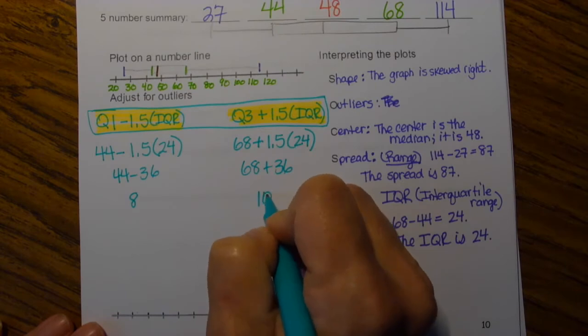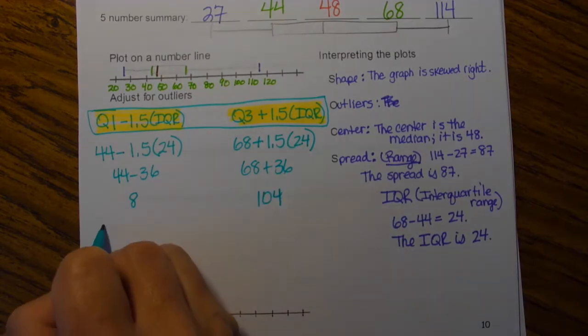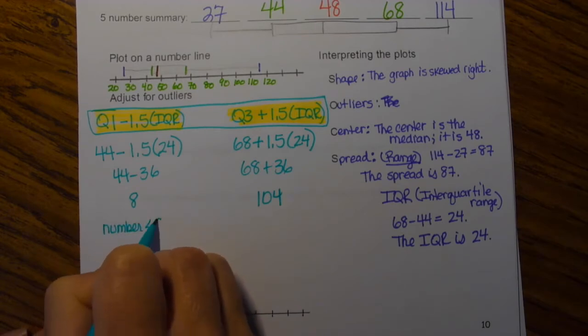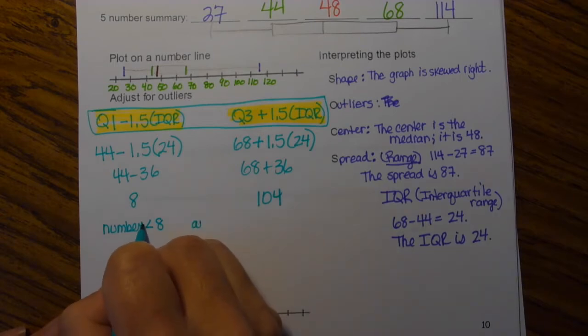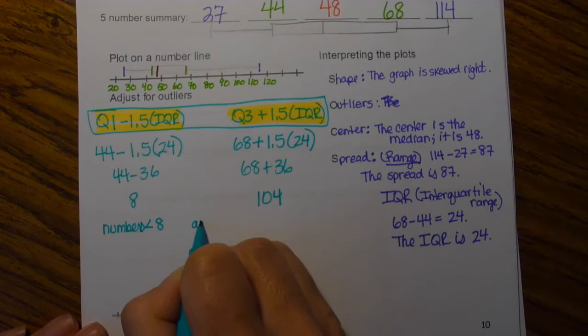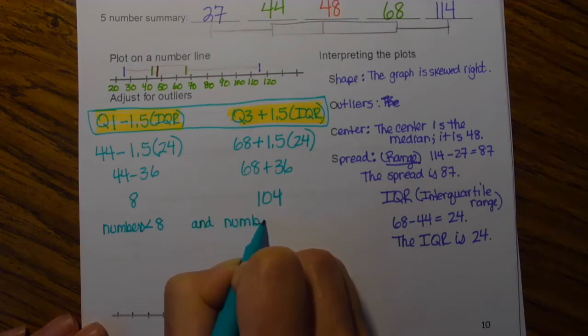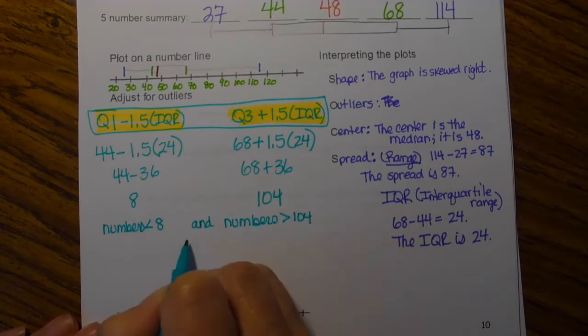What these numbers mean is that numbers less than 8 and numbers greater than 104 are outliers.